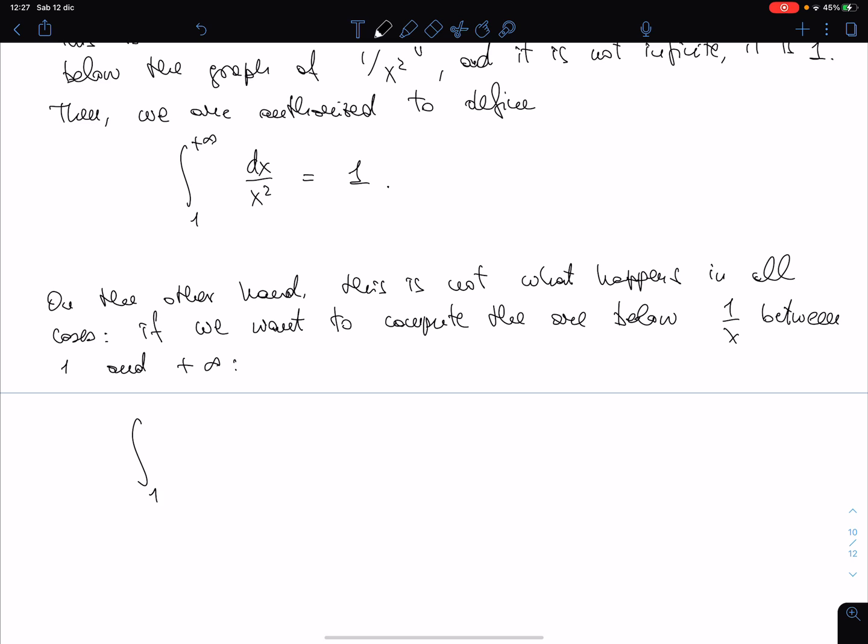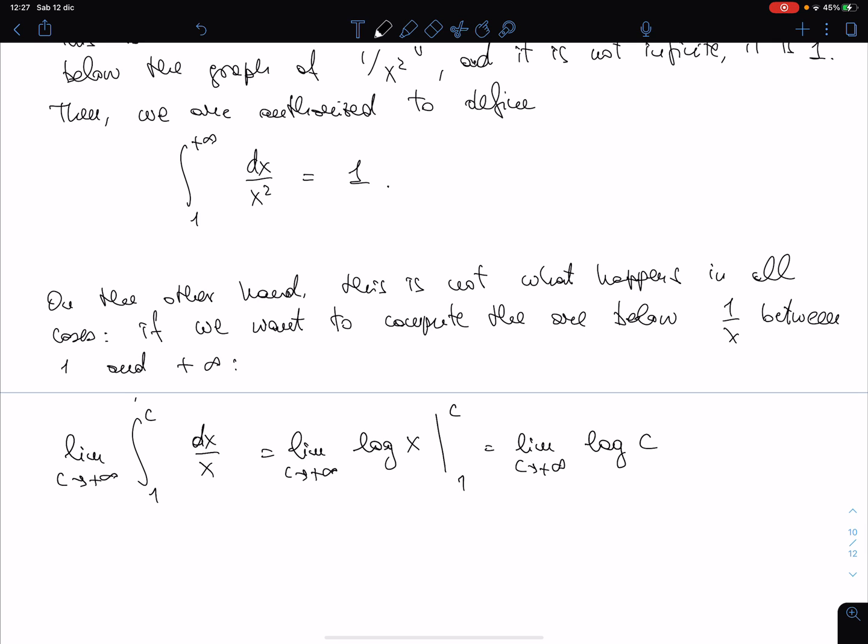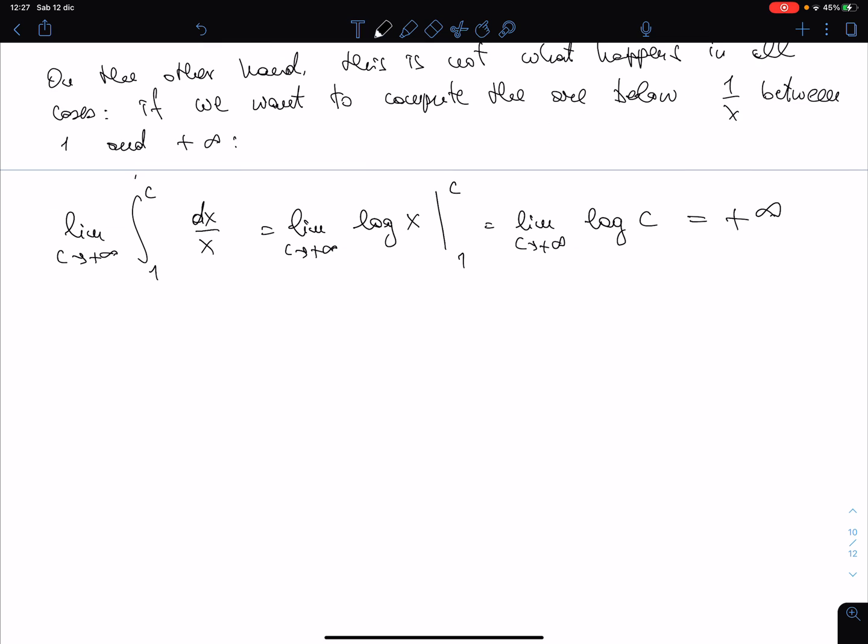So we go from 1 to c, and then we push c to plus infinity. Of course, the antiderivative is log of the absolute value of x, but here we are on the positive half axis. So this is the limit for c going to plus infinity of log c, and this is equal to plus infinity.